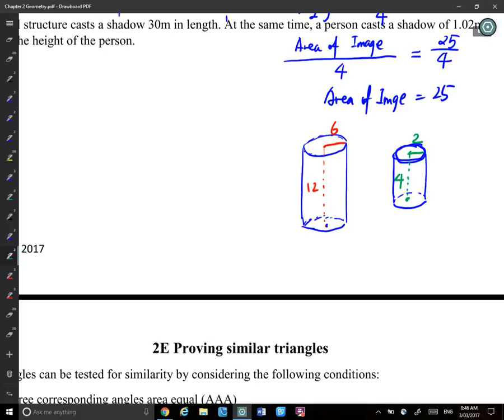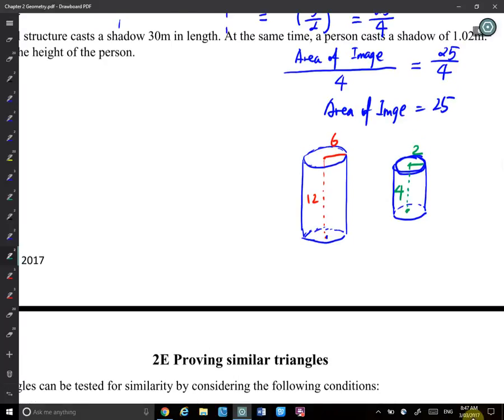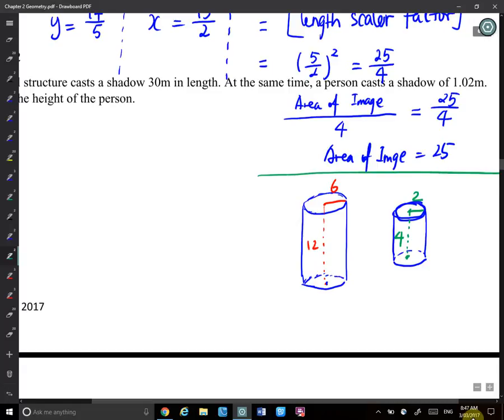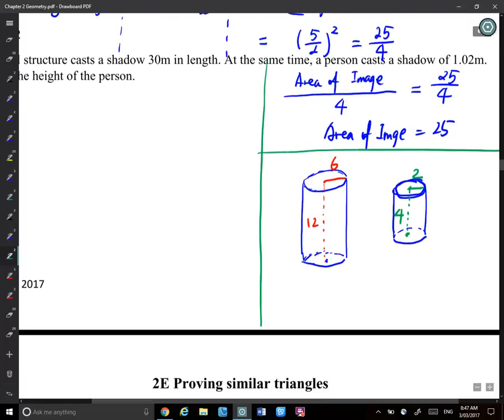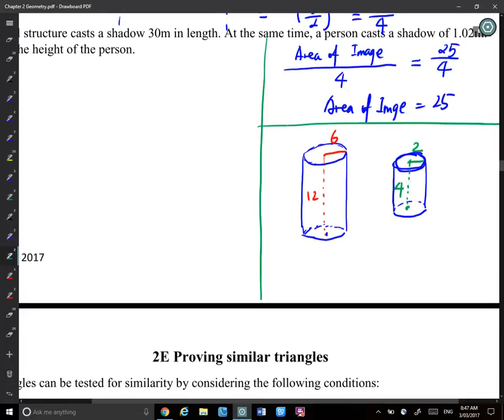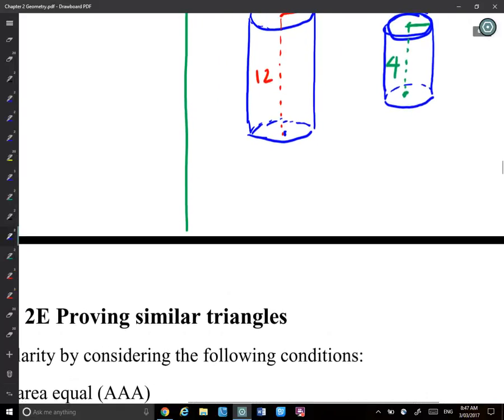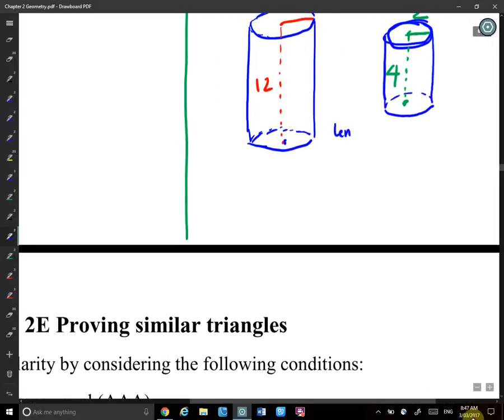If they are similar cylinders, we have two things to talk about. First, the length scale factor.